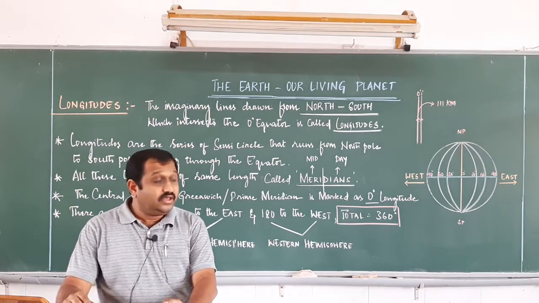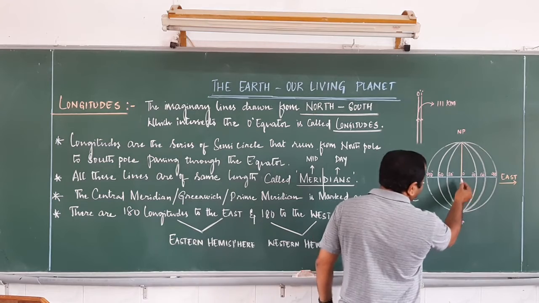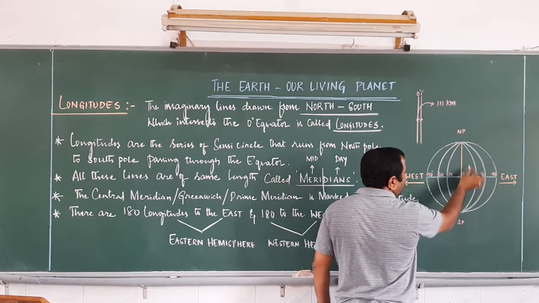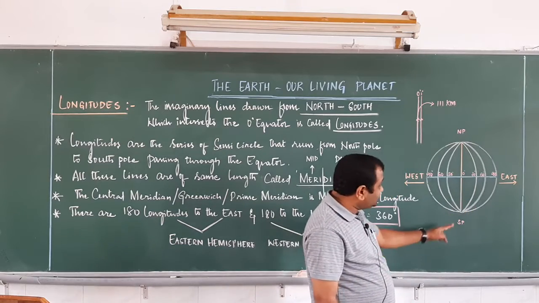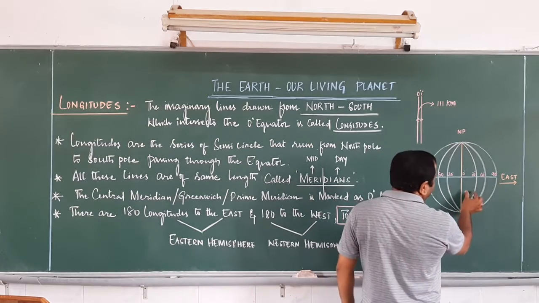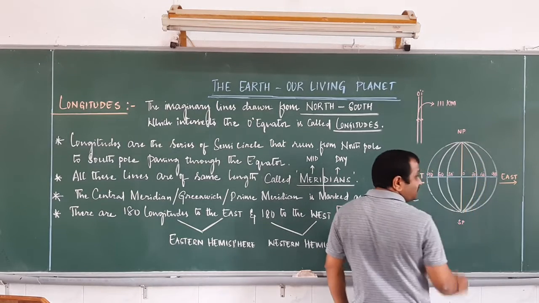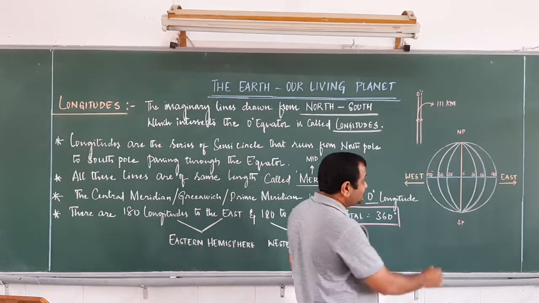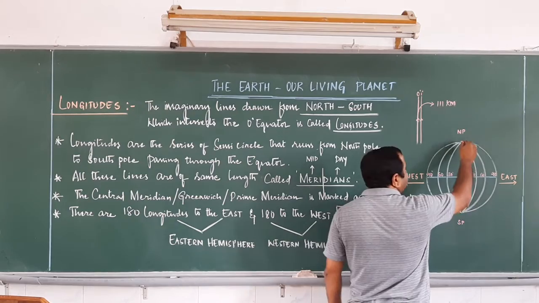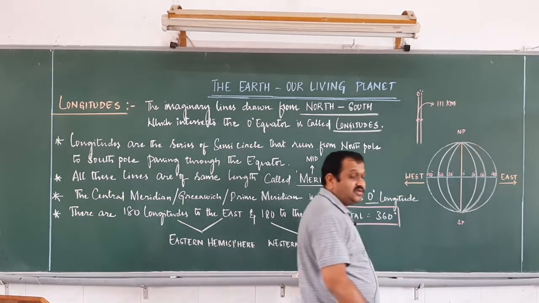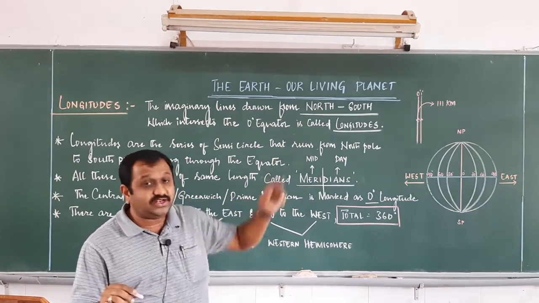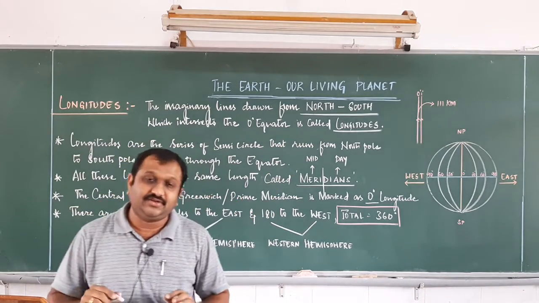So therefore, it is equal distance when it is in the equatorial region. As you move towards the polar region, as I told you, it is a semicircle. As you move towards the polar region, the line becomes smaller. Once you touch the 90 degree, as I told you yesterday, it is just a point, just a dot.